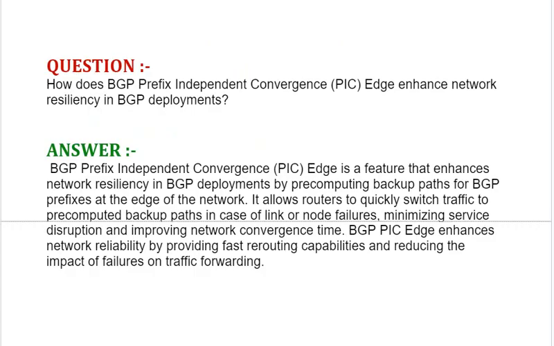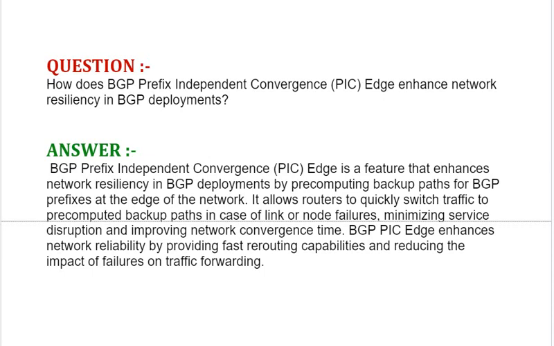Our interview question based on Service Provider Advanced Routing Solutions is: how does BGP prefix independent convergence (PIC) edge enhance network resiliency in BGP deployments? Your answer should be: BGP prefix independent convergence (PIC) edge is a feature that enhances network resiliency in BGP deployments by pre-computing backup paths for BGP prefixes at the edge of the network.